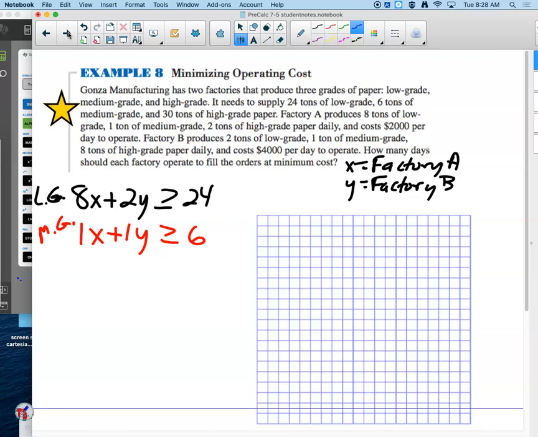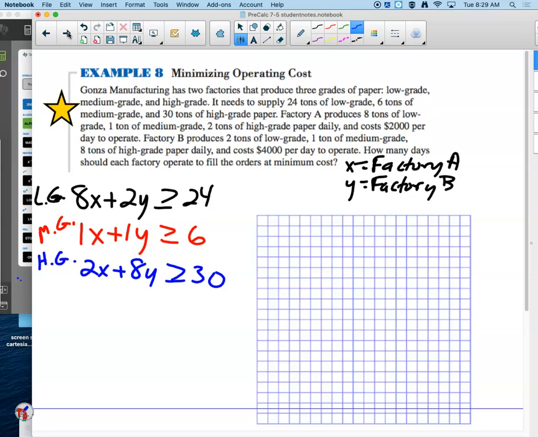And 30 tons of high grade paper. So Factory A produces 2 tons of high grade daily, and Factory B, 8 tons. Wow. Of high grade paper daily. So far, so good. Now, how many days should each factory operate to fill the orders at minimum cost?